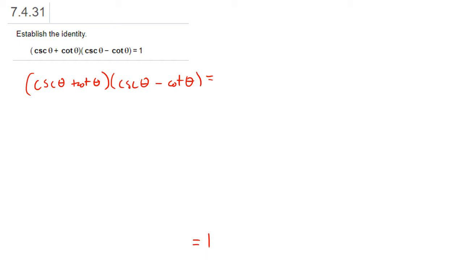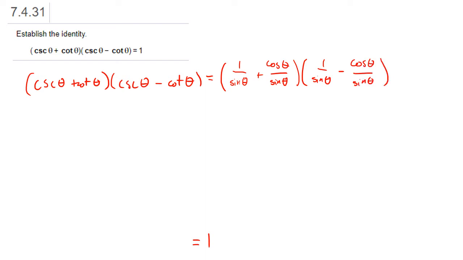And so let's just phrase everything in terms of sines and cosines. So cosecant is 1 over sine theta. Cotangent is cosine theta over sine theta. Times cosecant is 1 over sine theta minus cotangent, that's cosine theta over sine theta. Okay, well now I've got inside the parentheses 2 fractions that already have common denominators, so I'm just going to do that.